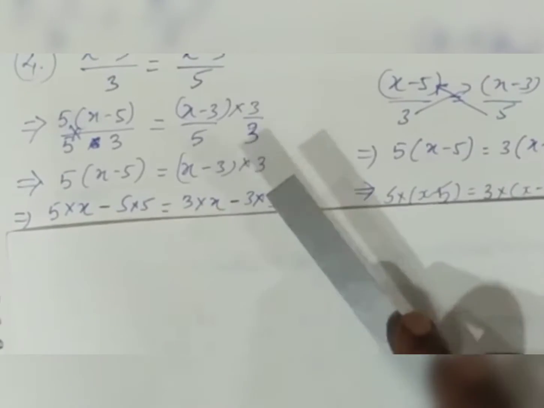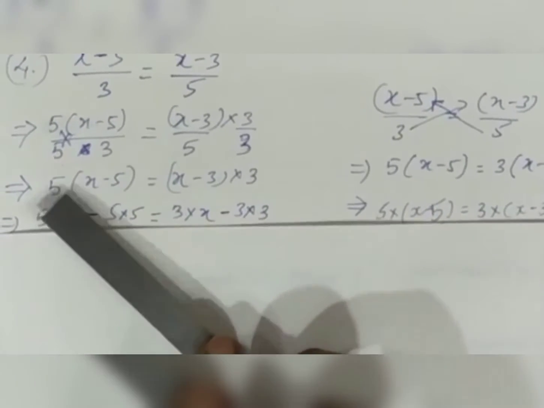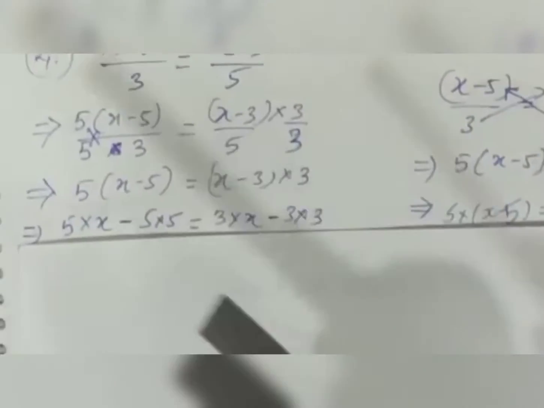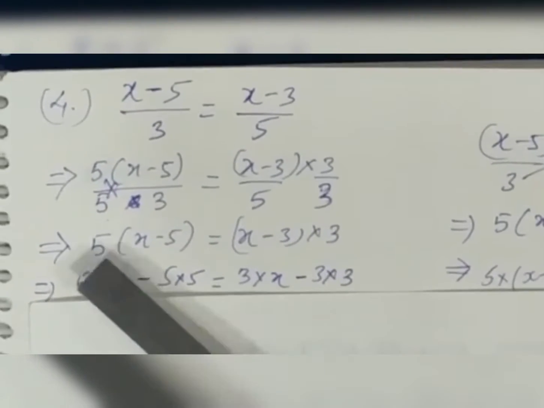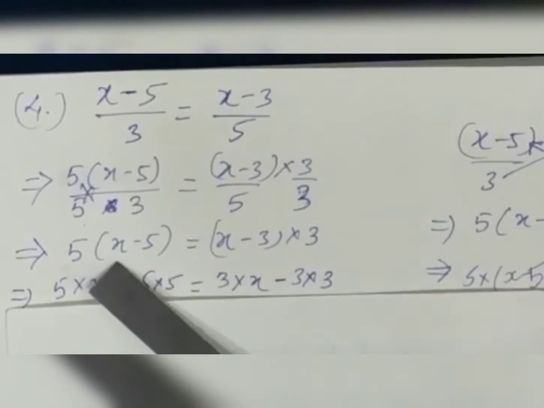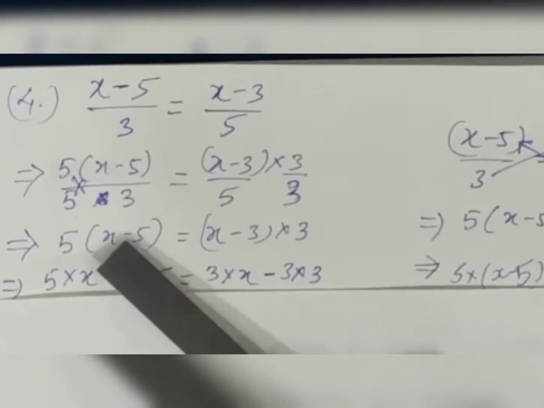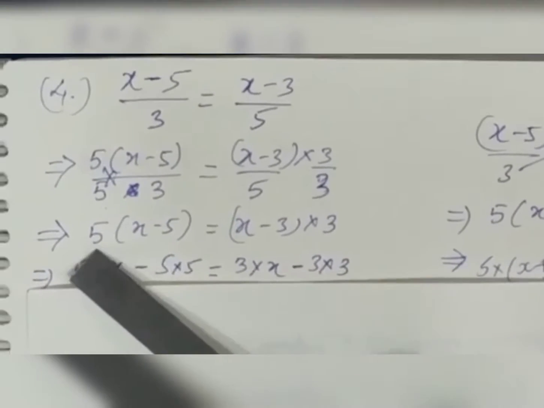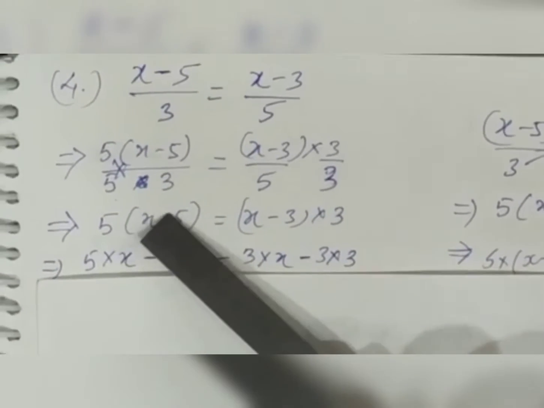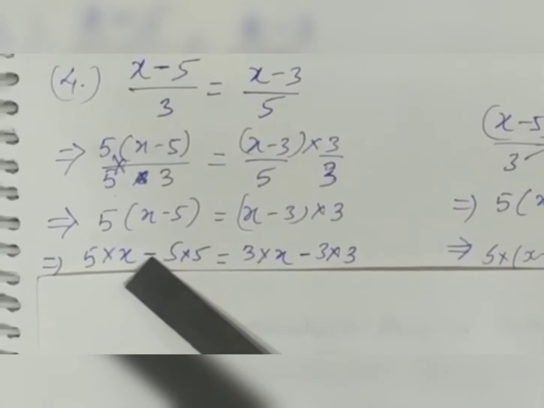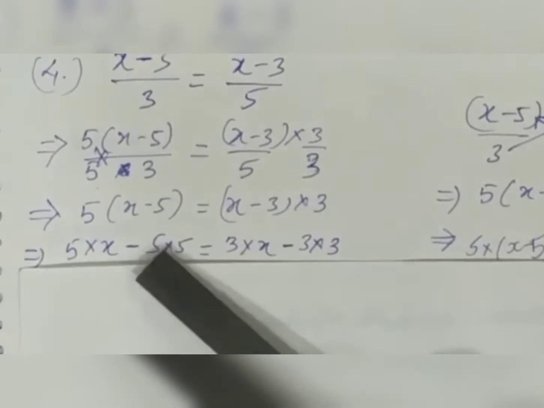Then what is the meaning of 5 into x minus 5? That means 5 is multiplied with each variable and number in the bracket. Means 5 into x, then copy that minus sign, and then 5 into 5.